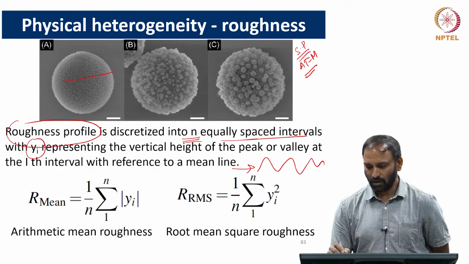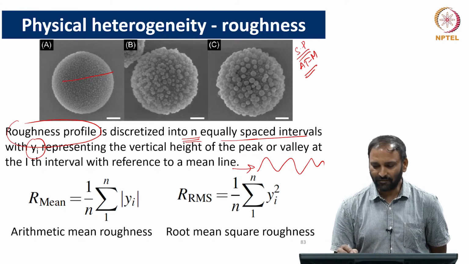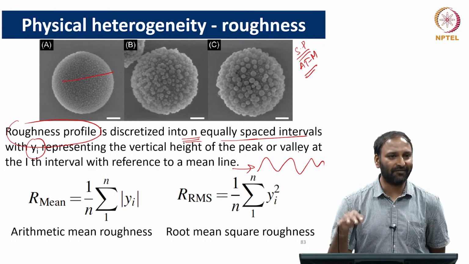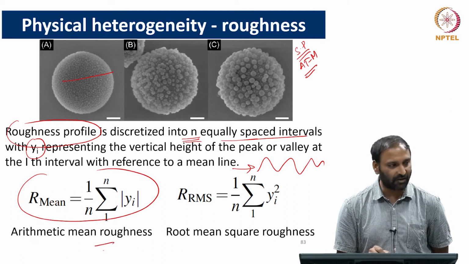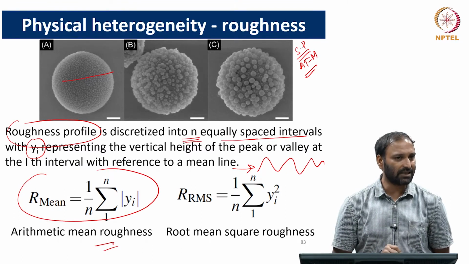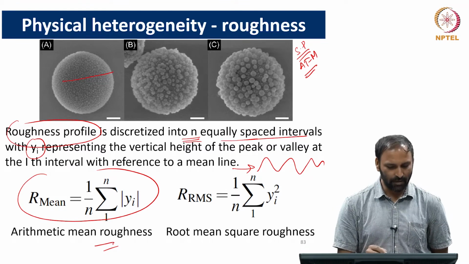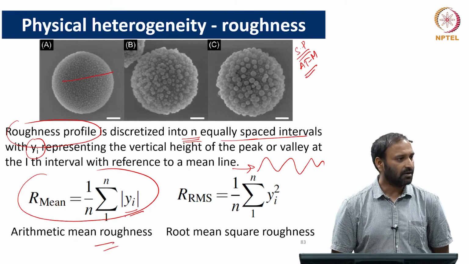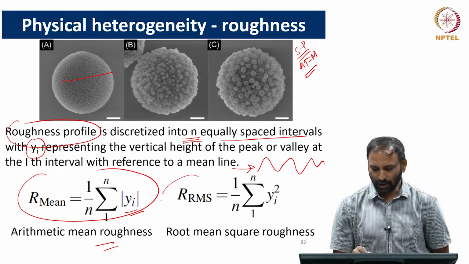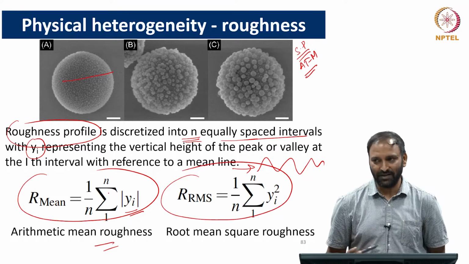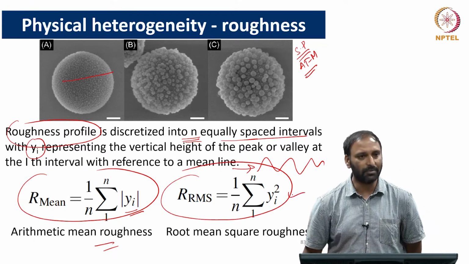So, from the height of the peak or the valley, I can get what is called the arithmetic mean roughness, which is simply 1 over n, sigma i equals 1 to n, the average of the size of this height or the valley, or you can get what is called the root mean square roughness, by this simple formula.